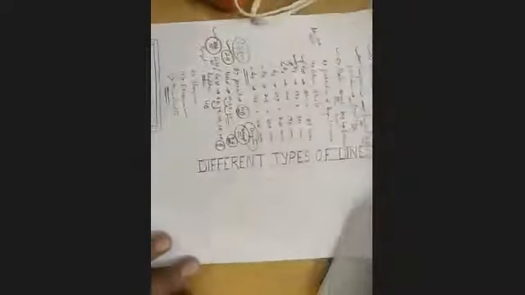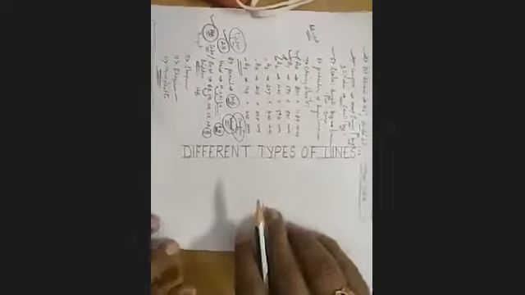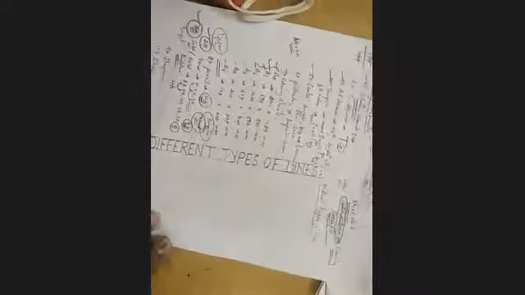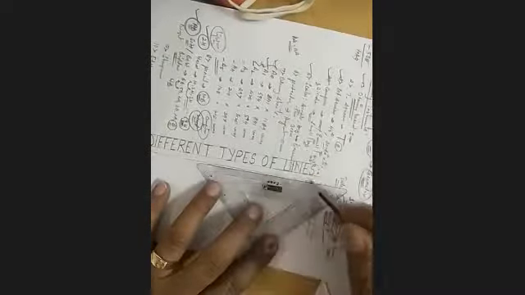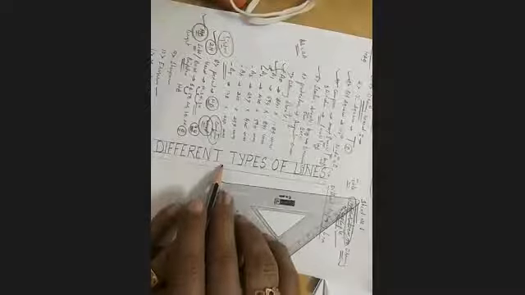Okay. Now, different types of lines. After this, again, what you have to do? Create one box. It should be very decent. And these lines you have to draw by 2H pencil.